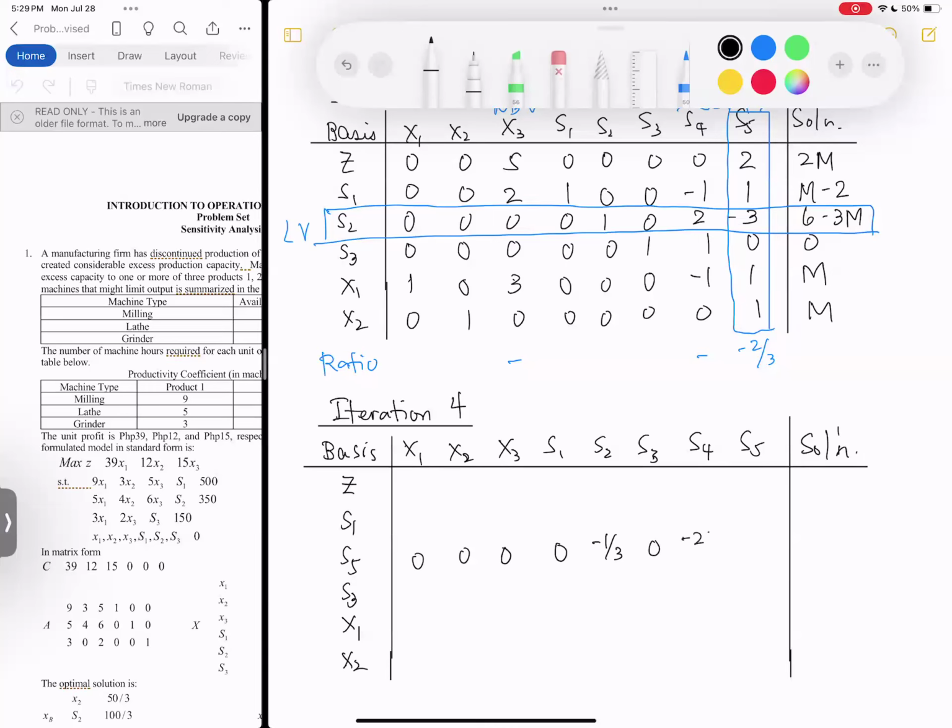So you have -2/3, and then +1. Divide by -3, you'll have m minus 2. So if you divide this by -3, that's +m. If you divide this by -3, that's -2. So you have m minus 2. Okay? Is that clear? And is this correct?